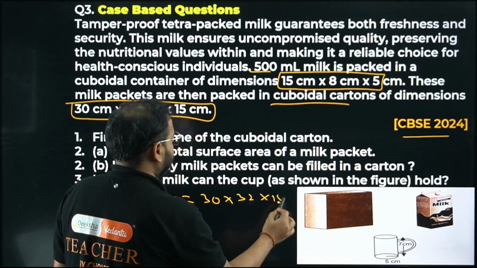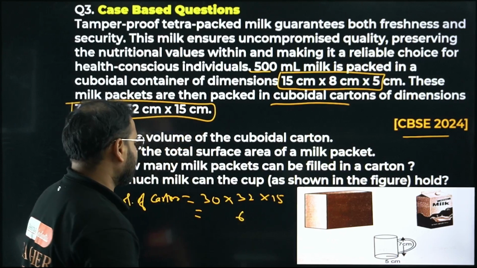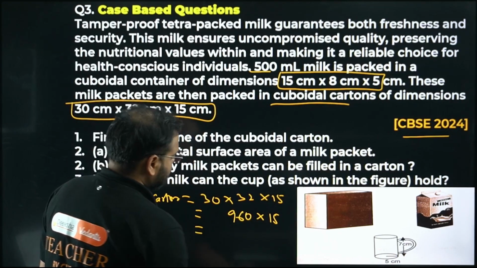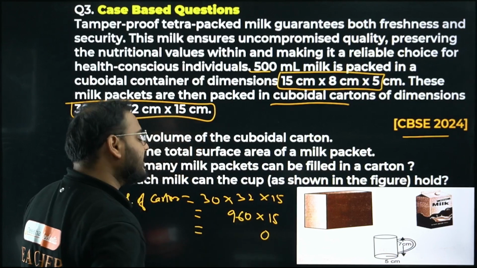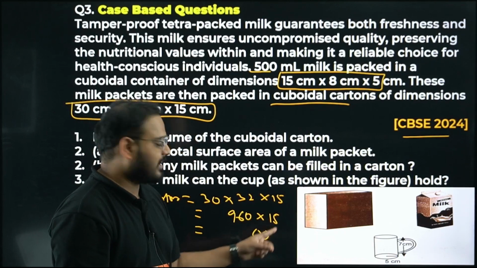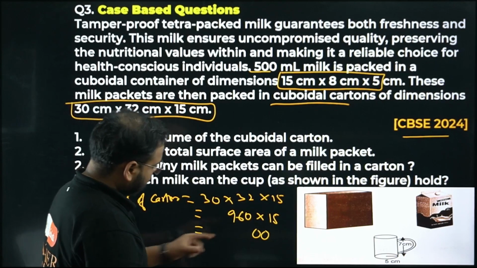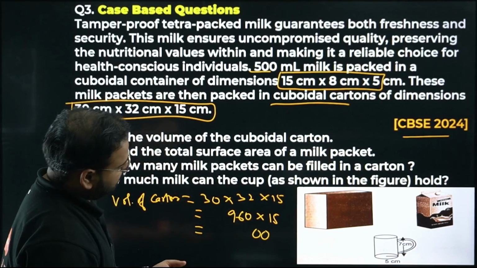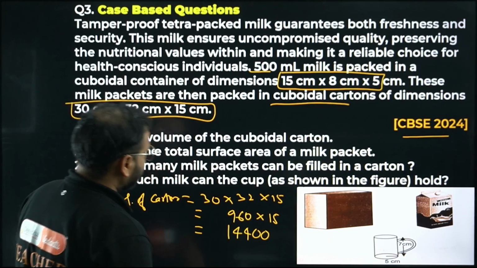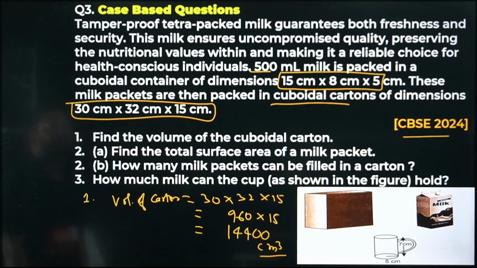Check this out. 3 times 2 is 6, 3 times 3 is 9, so 960 times 15. 15 times 6 is 90, so 0 here, 9 is carry. 15 times 9 is 135 plus 9, 144. Volume, right? So centimeter cube.